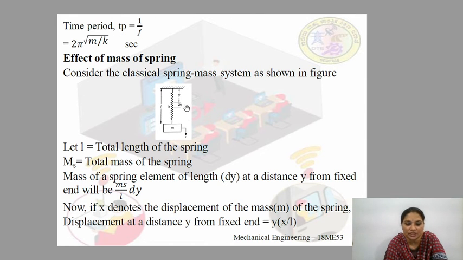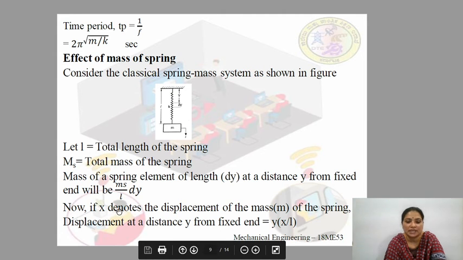So we are going to consider the mass of this small portion of the spring element at a distance y. So therefore, the mass of that small portion of the spring is ms for the total length L into dy. As we all know, here x is the displacement of the mass attached to the spring.